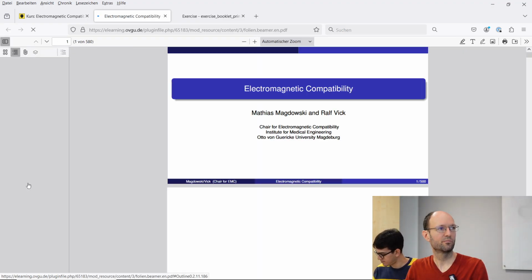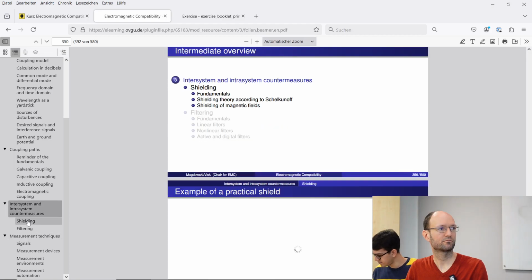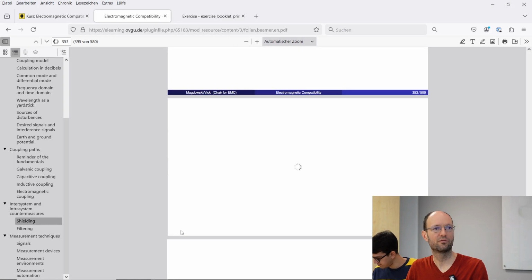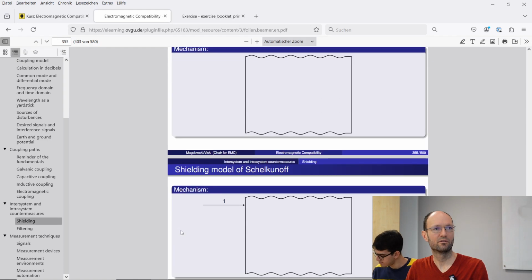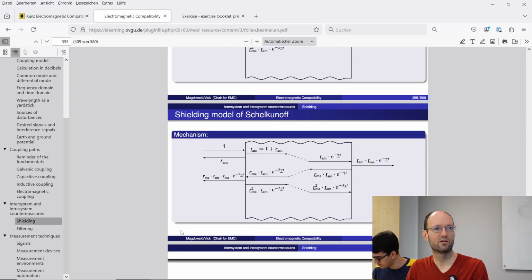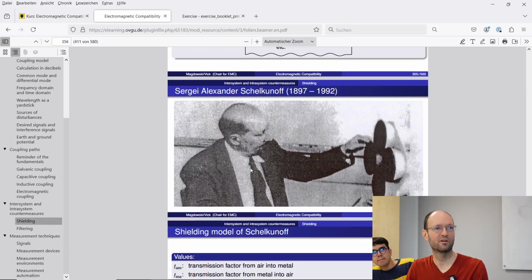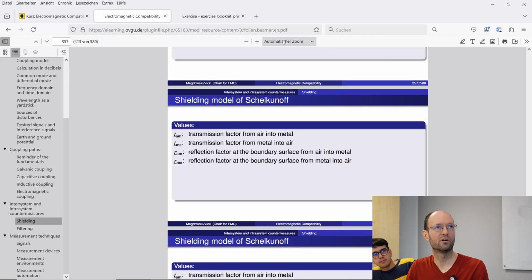Go to the chapter about shielding, because we might need the formulas related to this. Here was this shielding theory explained that has been developed by Schelkunoff. Here we have all the corresponding formulas.